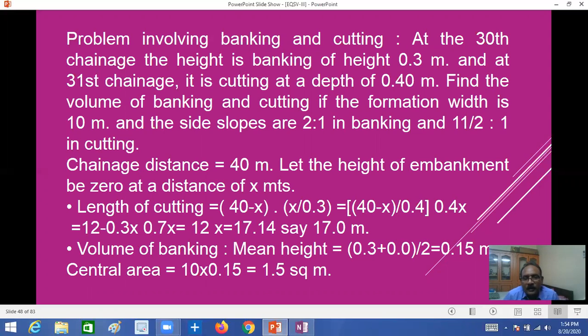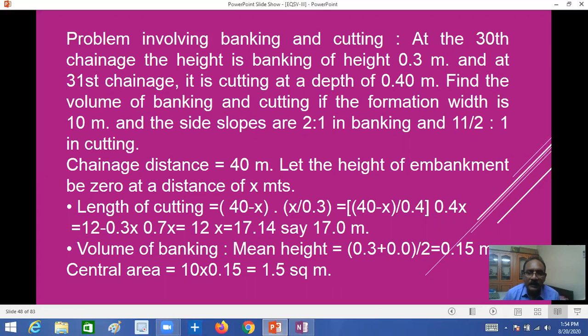Wherever there is a slope in the ground level, we see this. If there is an upward gradient, we have to go for cutting. Whenever a downward gradient is there, we go for banking, right? See here, at the 30th chainage the height of banking is 0.3 meters.